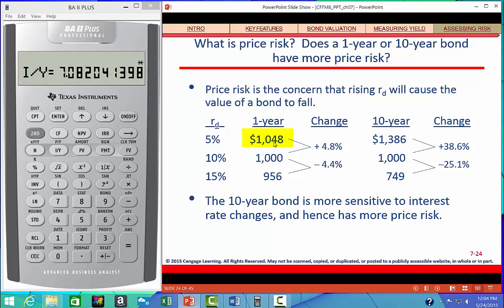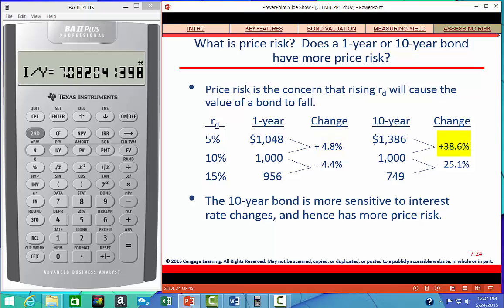And so we get to $1,048. If we have a 10-year bond, then if interest rates go down by 5%, the price goes up by a lot more, to $1,386. So you can see that this change is only 4.8%, whereas this change is 38.6%.